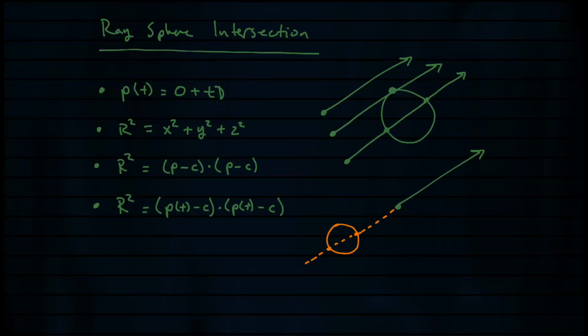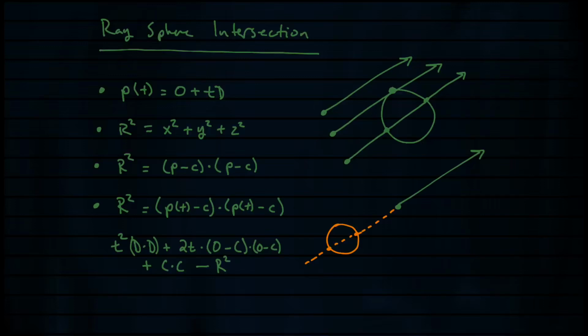And so if we do some math on this, we will find that we can get t squared times the direction dot the direction, plus 2t times the origin minus the center, dot product with O minus the center, plus the center dot the center, minus r squared.